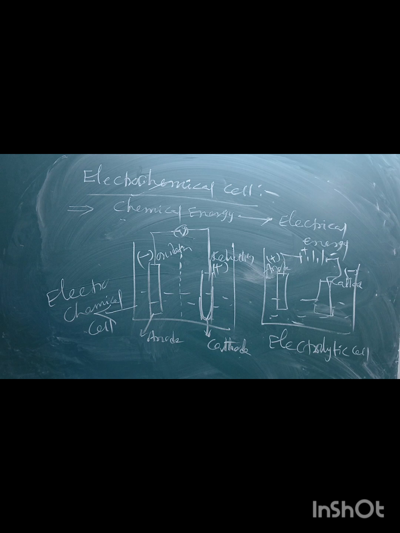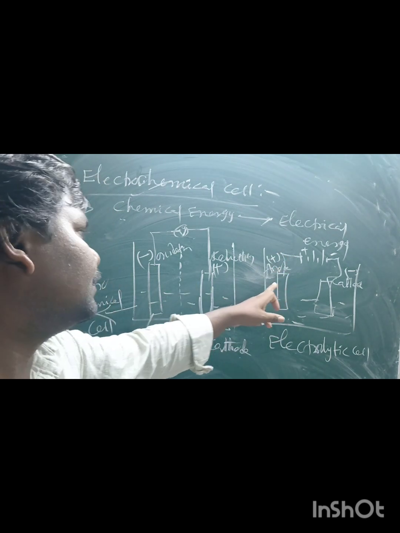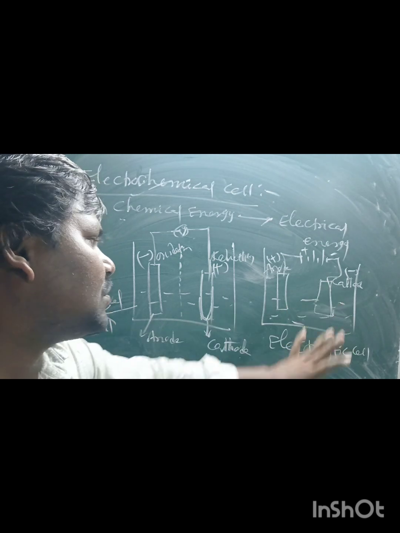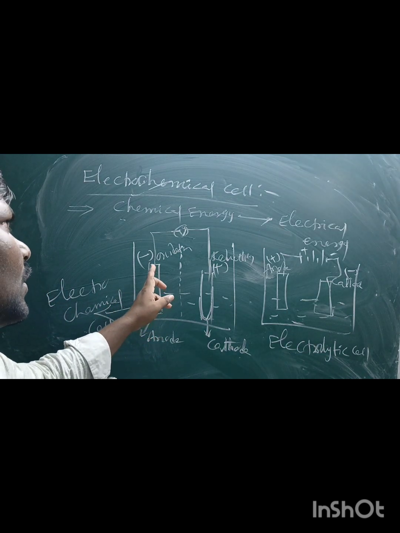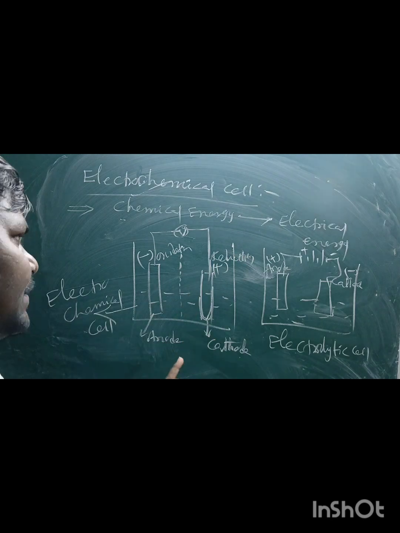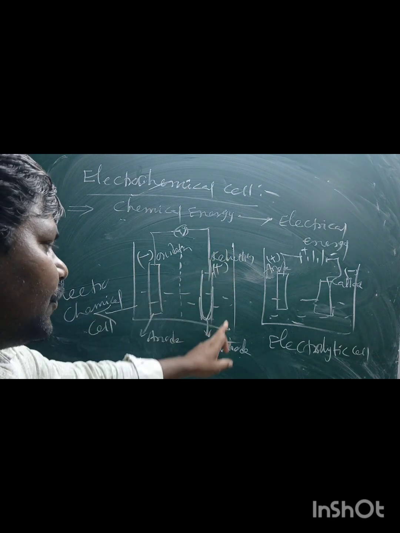Very easy. Electrolytic cell: electric energy is converted into chemical energy. The polarity of the anode is positive in the electrolytic cell, and the cathode has negative charge. Electrochemical cell: chemical energy is converted into electric energy. The polarity of the anode is negative and the polarity of the cathode is positive.